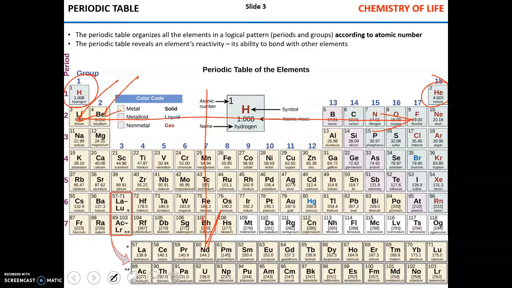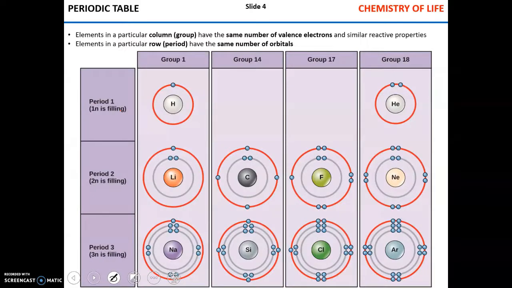So what is common between the elements in the same column, the same group? Now, if you look at group 1, which contains hydrogen, lithium, sodium, and then down there's potassium, you will notice that all of those have one valence electron.